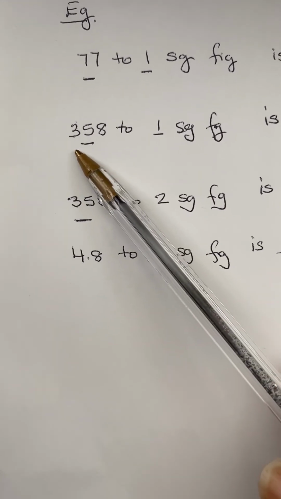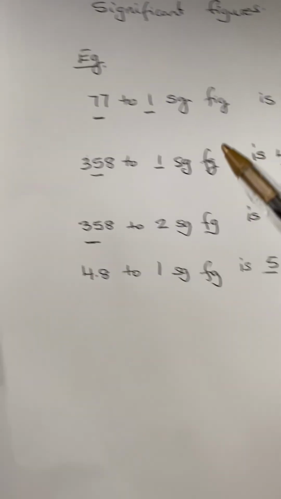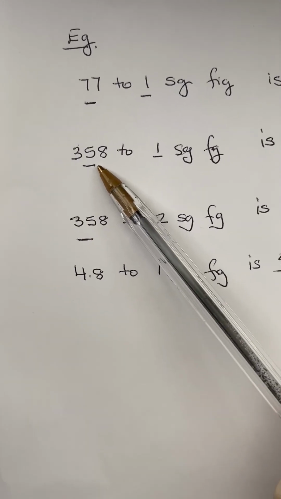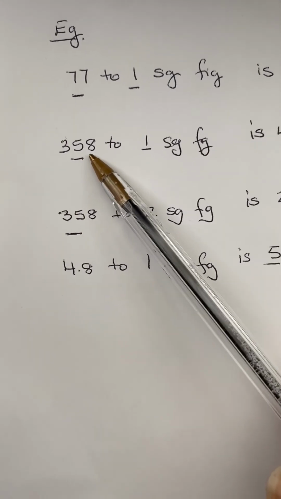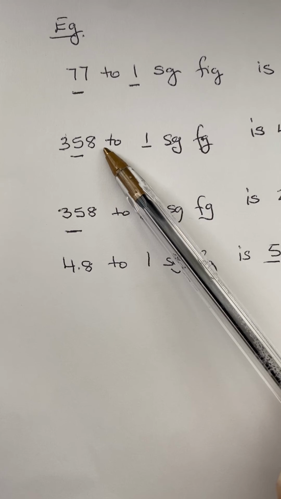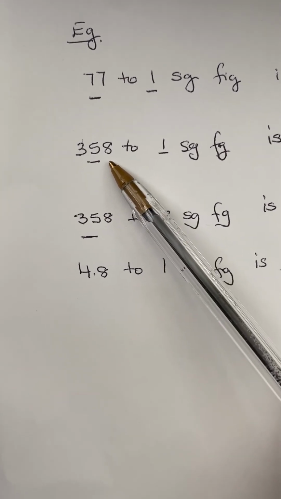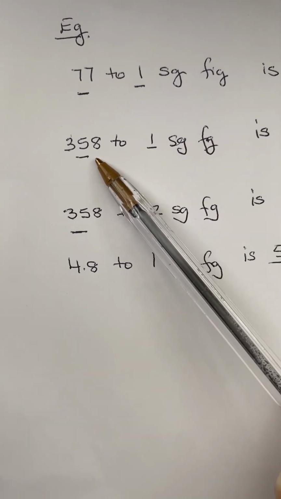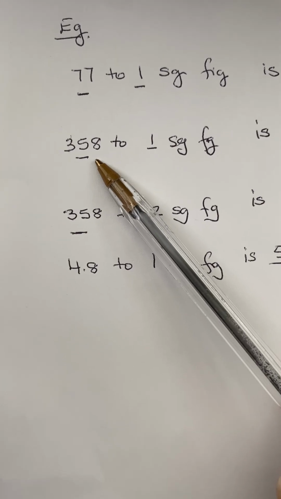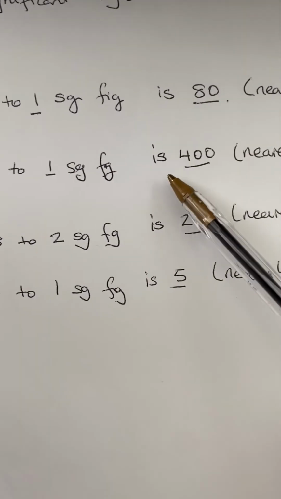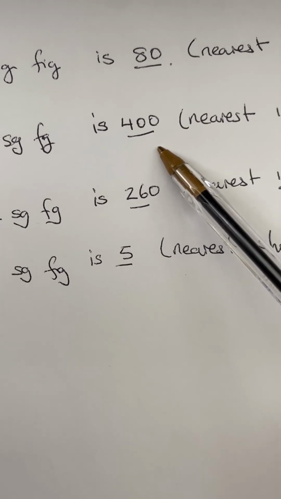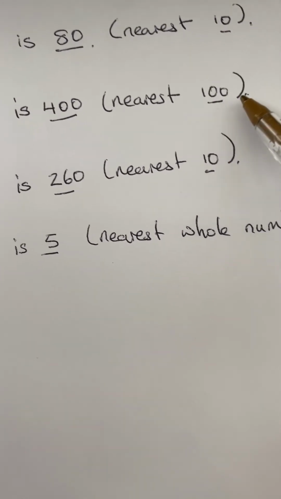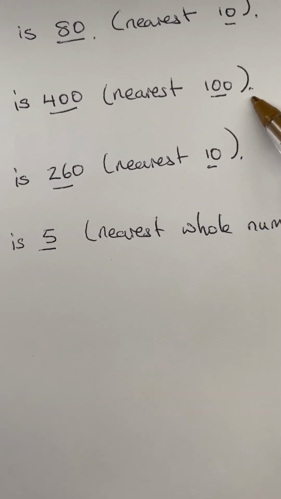So now we have to round it off to the nearest 100, because if we write 360, that will be 2 significant figures, but we only want one. So the answer will be 400.